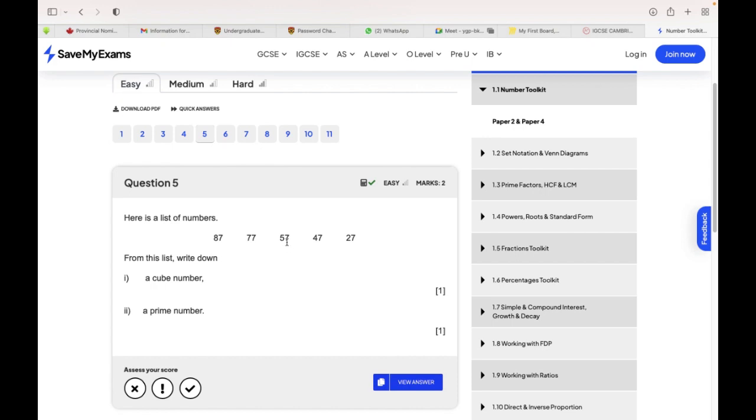So you don't waste your time trying to find out if the number can be divided by 2. The only thing is to test for divisibility by 3. You add 5 and 7. 5 plus 7 gives you 12, right? So 12 can be divided by 3. It means 57 can be divided by 3. Therefore, 57 is not a prime number. Are you with me? Do you know the trick I'm using?